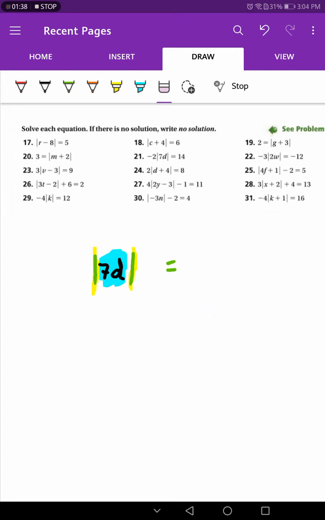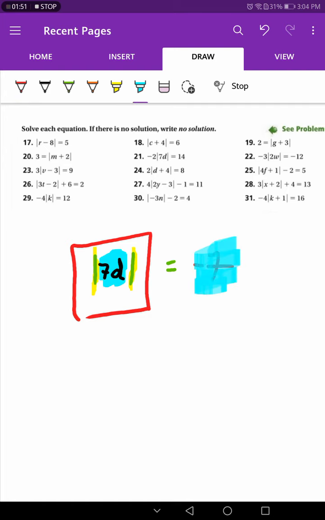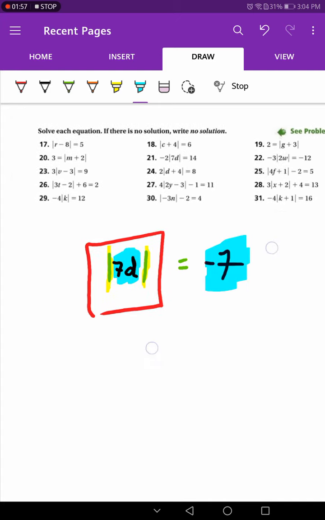Now you have to watch this case with me. The absolute value on the left side refuses any negative value on the other side, my dear student.